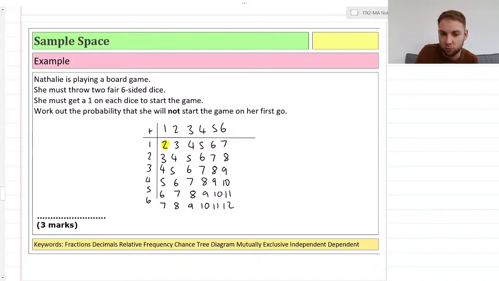So the probability that she will not start is equal to, well, the rest of them is 35. If there's 36 in total, which is 6 by 6, the rest of these is going to be 35. So it's 35 out of 36. 3 marks for that.